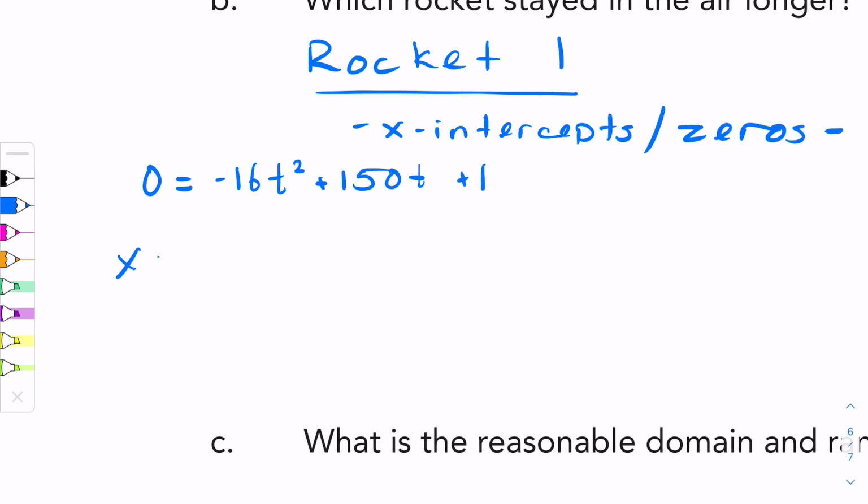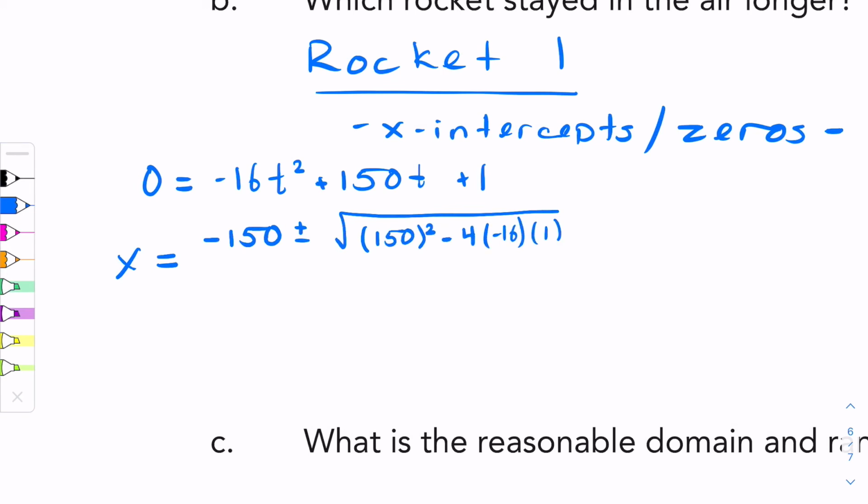This gives me x equals negative 150, that's my b value, plus or minus the square root of 150 squared minus 4 times A, which is negative 16, times C, which is 1. Divide this expression by 2 times negative 16, or 2 times A.